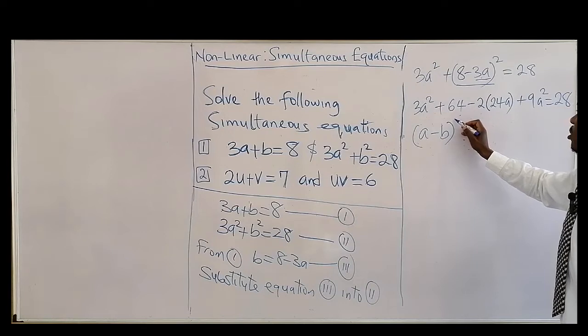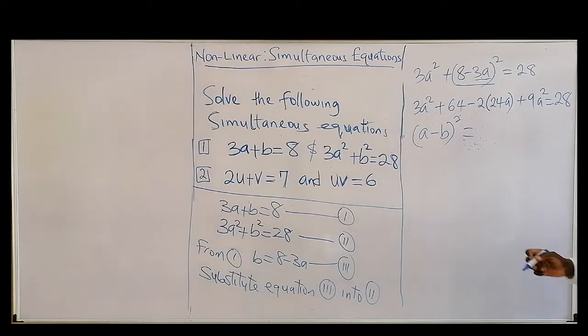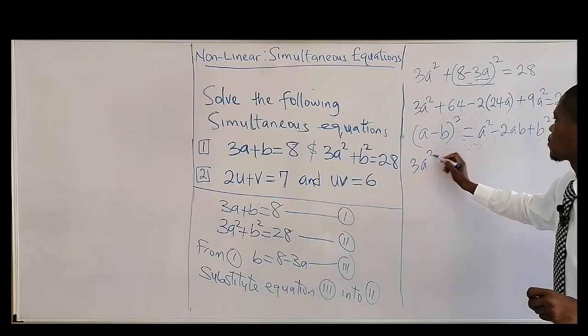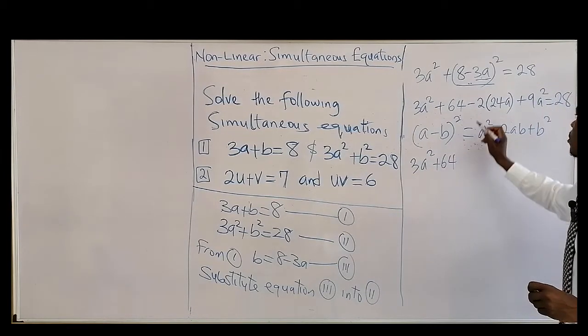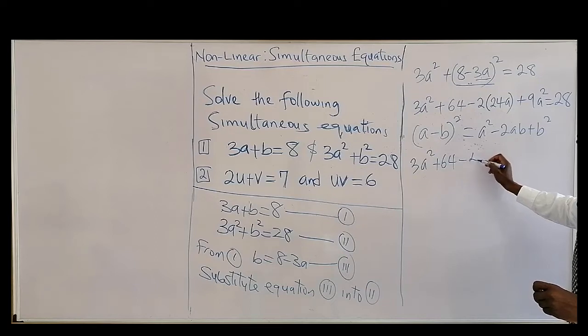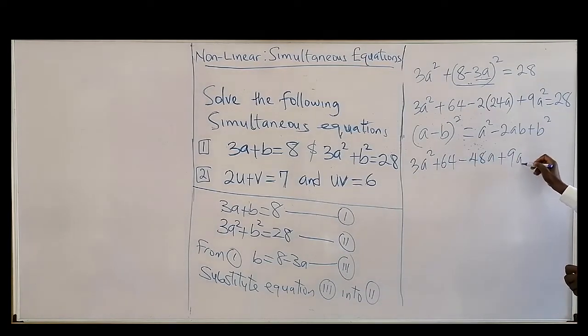I'm using this knowledge: a minus b squared is equal to a squared minus 2ab plus b squared. That's what I used for this expansion. So let's collate what we have: 3a squared plus 64 minus 48a plus 9a squared equal to 28.